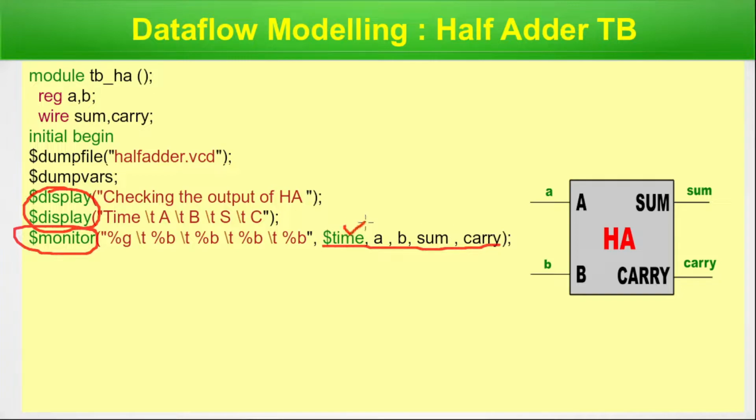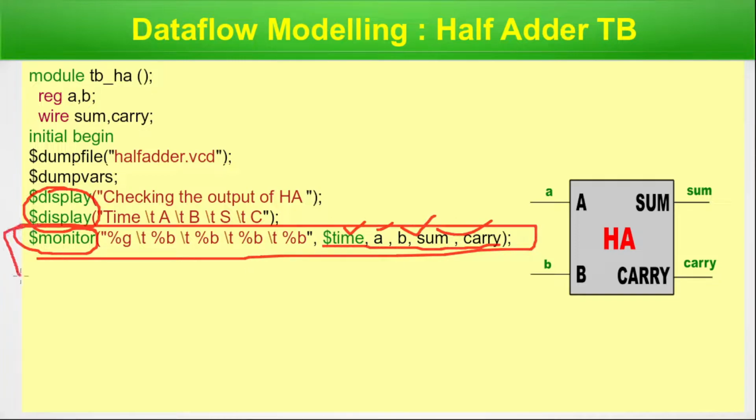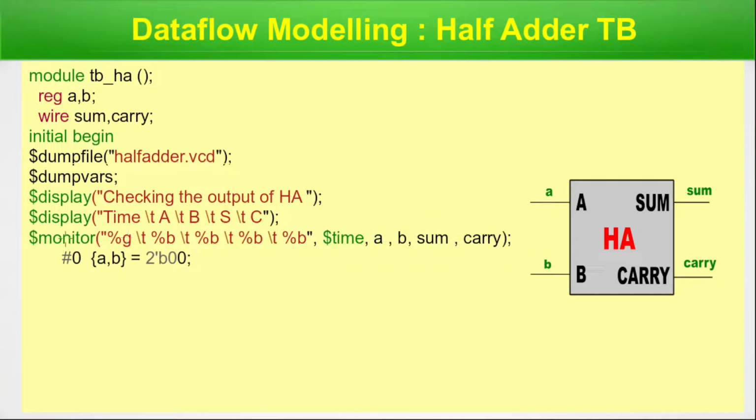If any of them changes at a particular time, the monitor prints on the screen. So this monitor statement will fill up the column values of time, A, B, S and C. Here you also see it is tab separated, and we have explicitly given time, A, B, sum and carry. This way it is filling up the output columns.